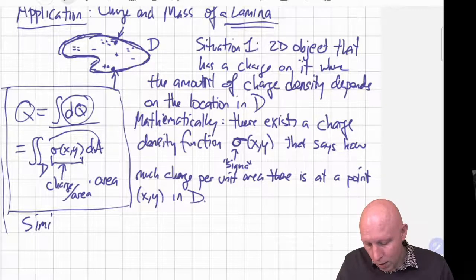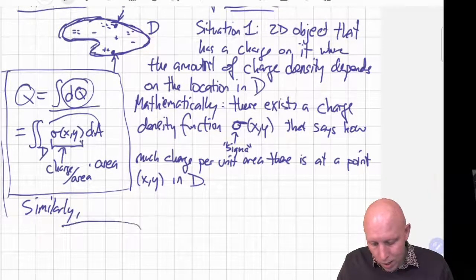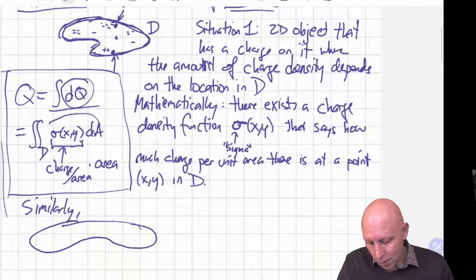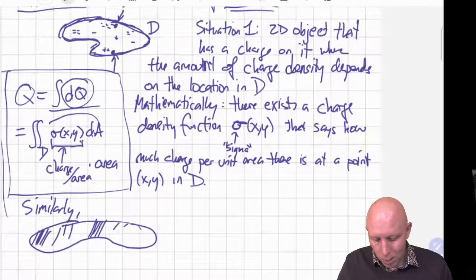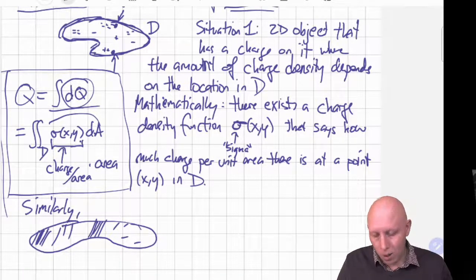Similarly, you might feel even more comfortable talking about this. We have this lamina here, and in this lamina maybe you've got some denser material over here, and then some less dense material, some more dense material, some less dense material, and so there might be a mass density going throughout.